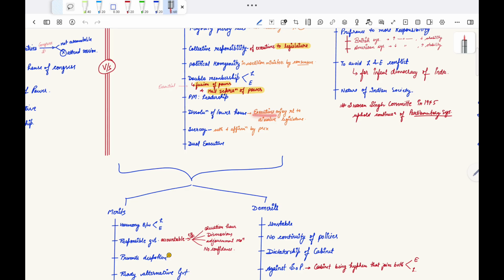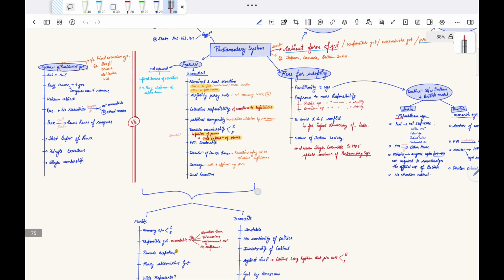And which executive? That is the Prime Minister, de facto, and the President, de jure. Next is secrecy, for example, the oath and affirmation of secrecy by the President. Next is dual executive.